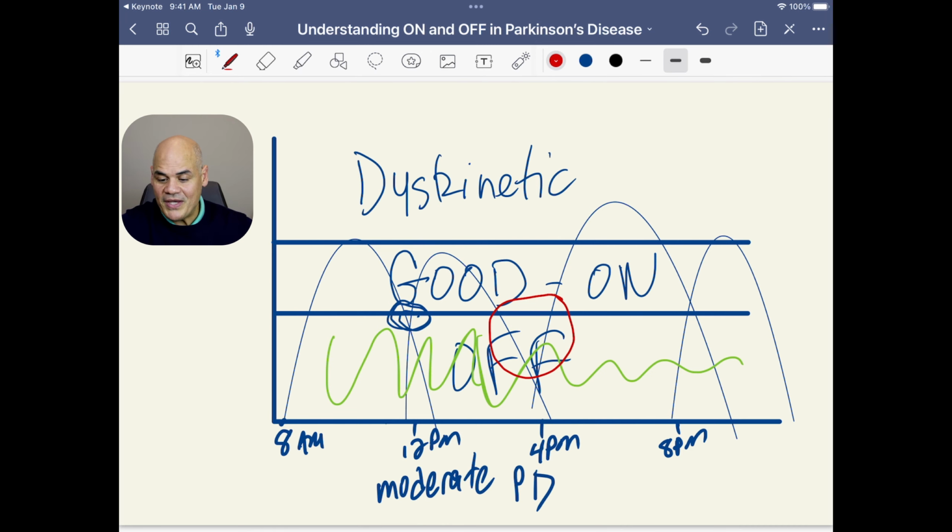So maybe the patient now took a little bit of a higher medication, or they were able to absorb the medication a little bit easier. So this is going to change, and now my patient is going to have a higher dose of the medication. However, they will be getting into this dyskinetic state. So they're going to spend, I don't know, maybe 20 minutes, 25 minutes, half an hour, 1 hour. I don't know. Everything depends on the patient, right?